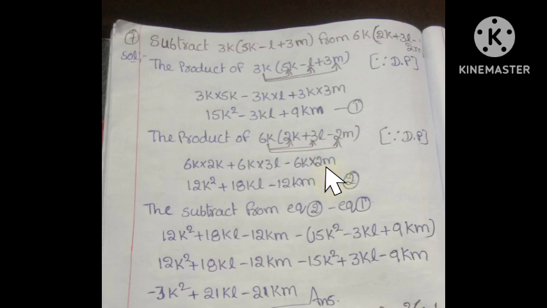Product of the coefficients, then variables, one by one. 6 times 2 is 12, k into k is k square, plus 6 times 3 is 18 kl, minus 6 times 2 is 12 km. This is equation number 2.